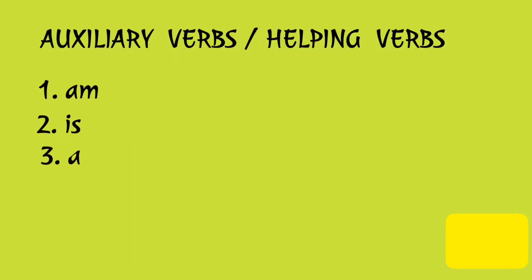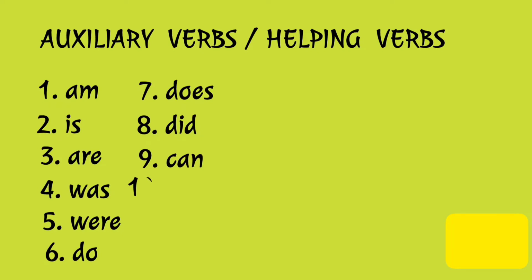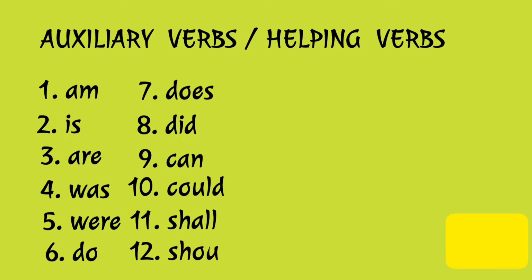Now, there are 24 auxiliary verbs or helping verbs that we have to memorize, so that anytime we want to make a negative sentence or a question, we can do it easily, because the way is different if the sentence has no auxiliary verb. Here they are. Am, is, are, was, were, do, does, did, can, could, shall, should.